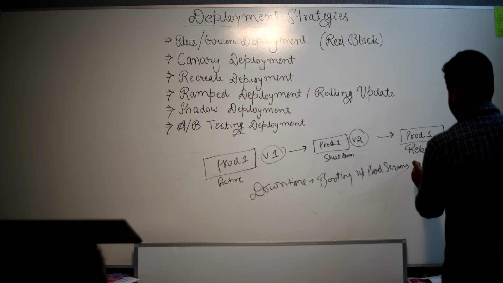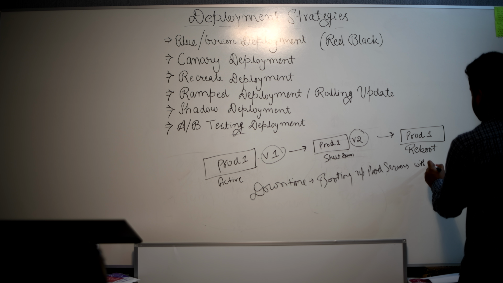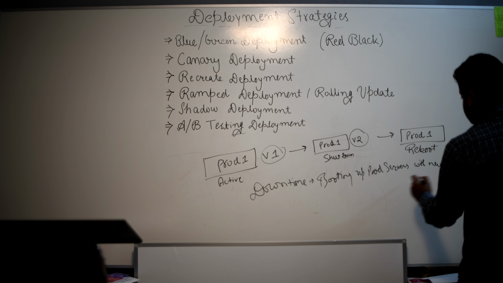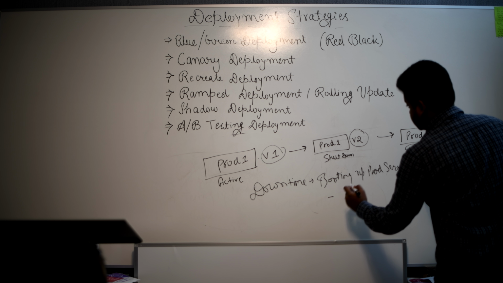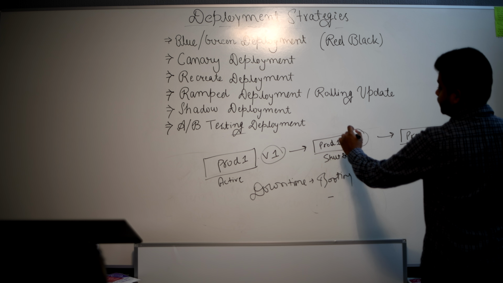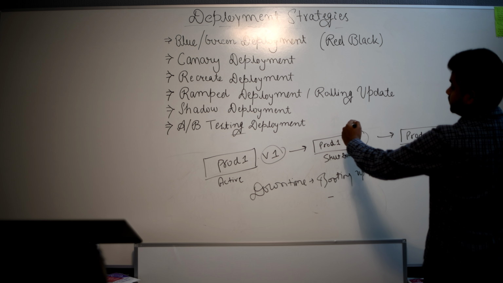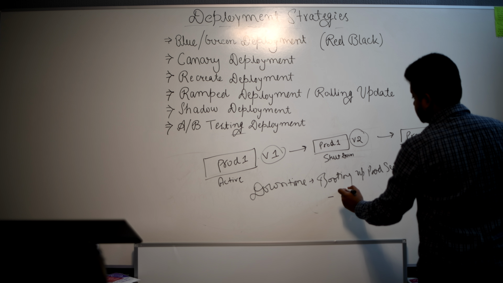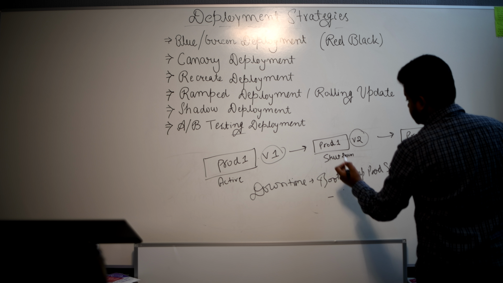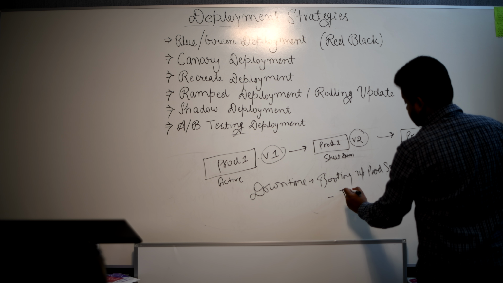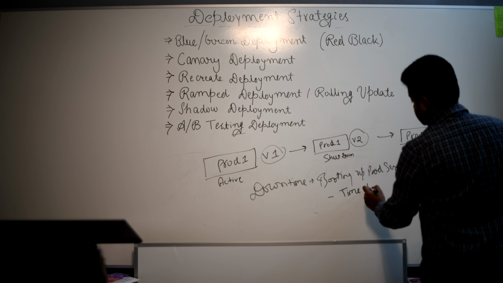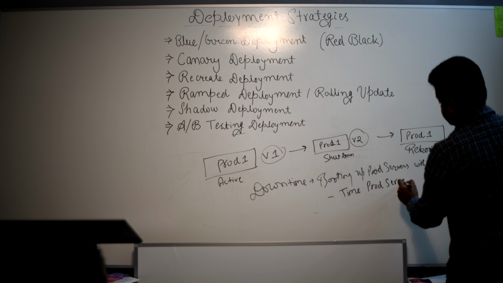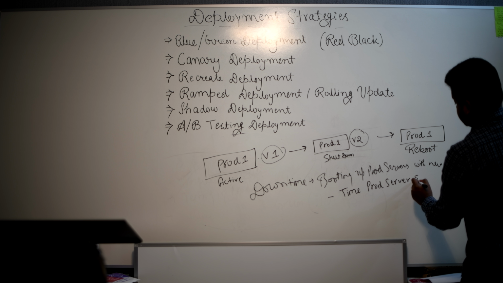Booting up production server with new version, minus when you remove the v1 or deleted the old version v1 and shut down the prod 1 server. So the time the prod server stopped receiving traffic.